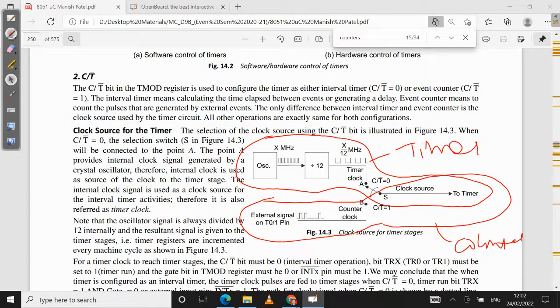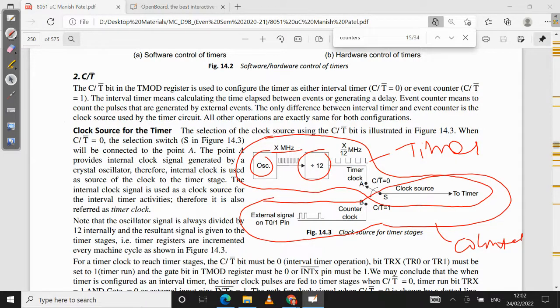So when you are using as a timer, see here, you have an oscillator frequency. If the oscillator frequency is of x megahertz, for example, that oscillator frequency of x megahertz is always divided by 12.